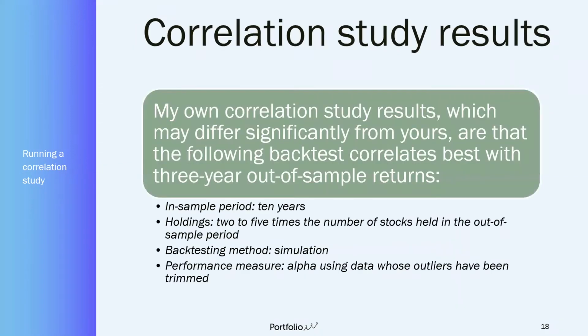So these are the results of my correlation study, and these may differ significantly from yours. And to sum up: in-sample period, 10 years; holdings, 2 to 5 times the number of stocks held in the out-of-sample period; backtesting method, simulation; and performance measure, alpha using data whose outliers have been trimmed.